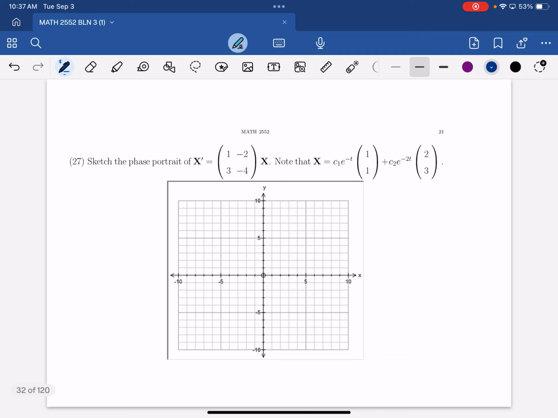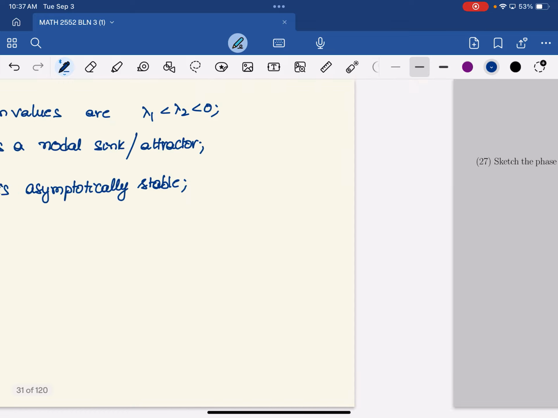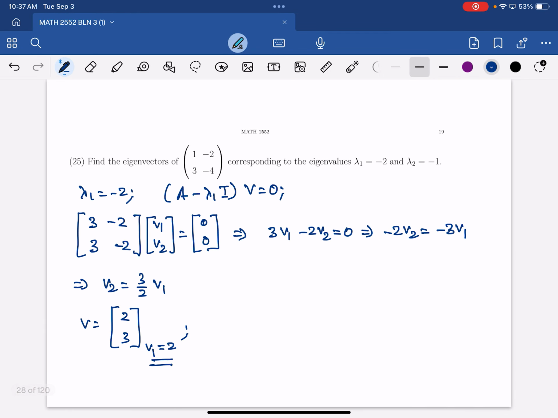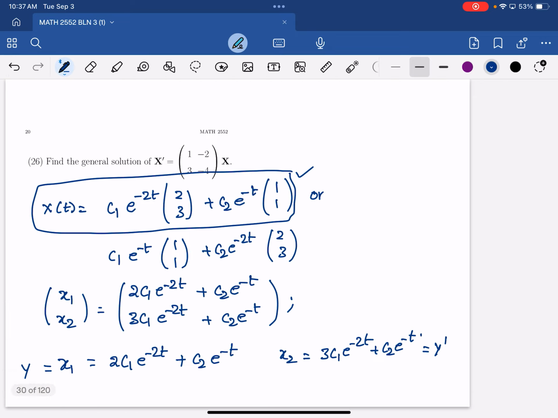So how am I going to graph it? Remember, I'm going to sketch the eigenspaces first. So V2 is going to be 3/2 of V1. So the slope is 3/2. So the rise is 3 and the run is 2.